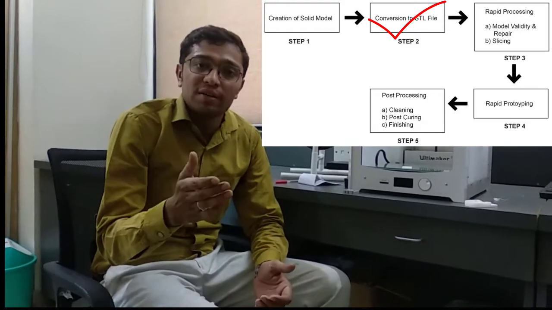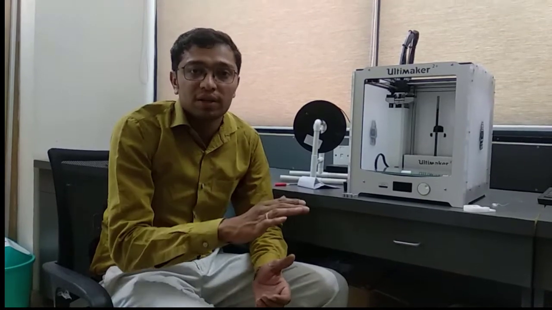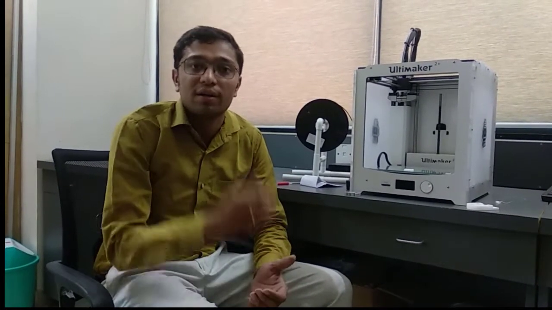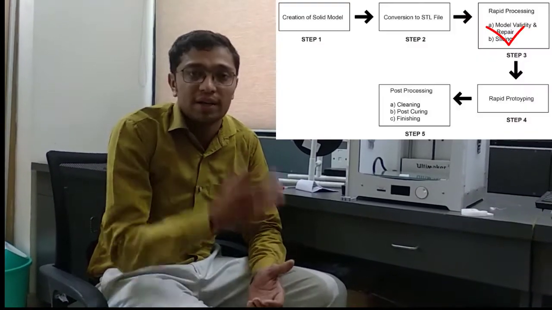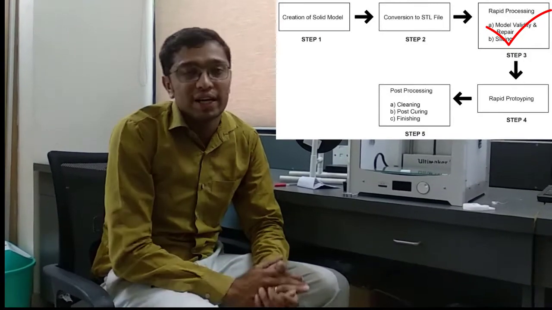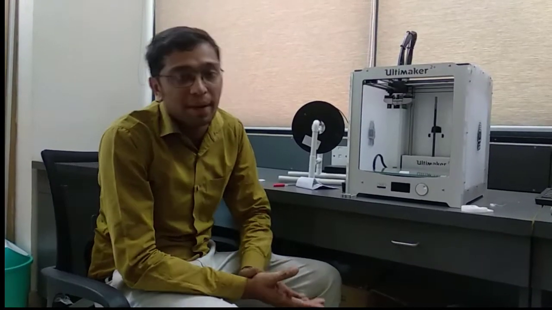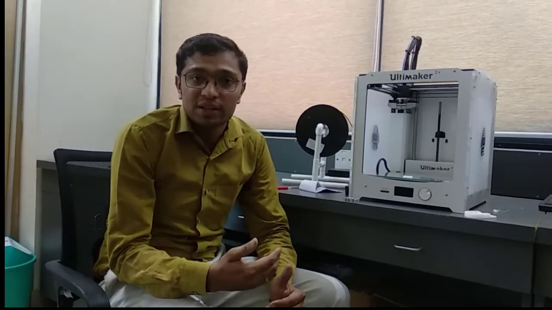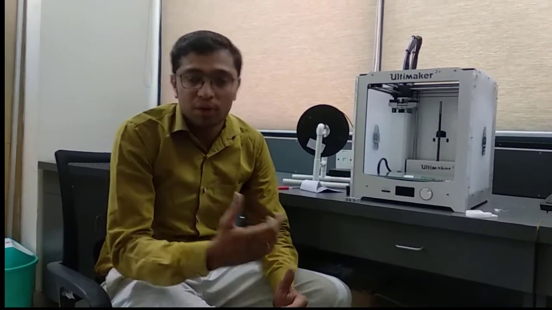So the design will be converted into STL format. Then the third step is to slice this product, or you can say slice to the minimum layer thickness, right, in a 3D printing machine. And then the fourth and important step is rapid prototyping, with many methods to produce a product, right?